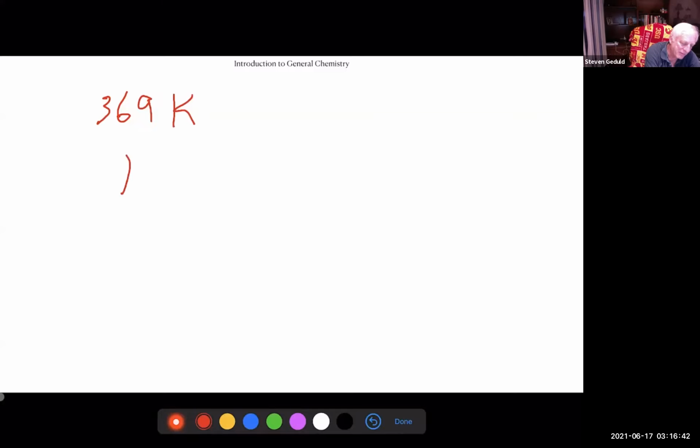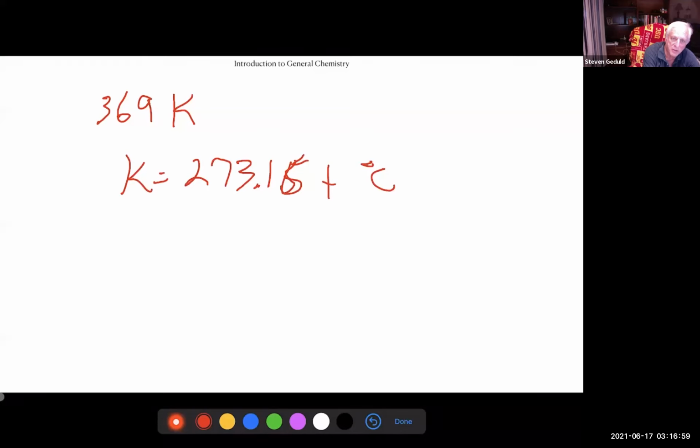So our formula, Kelvin equals 273.15 plus degrees centigrade. Take degrees centigrade plus 273.15 gives you Kelvin.